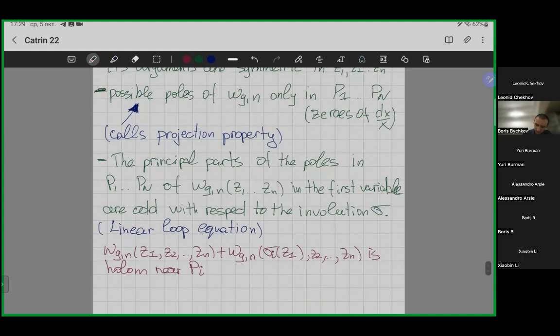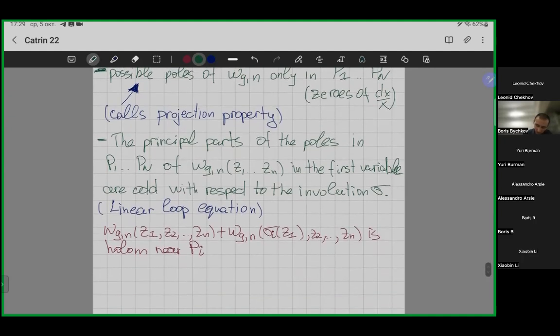And the last condition is called the quadratic loop equation. It is also about some form being odd, and this form looks very similar to the expression in the recursion relations, and it's not a coincidence.